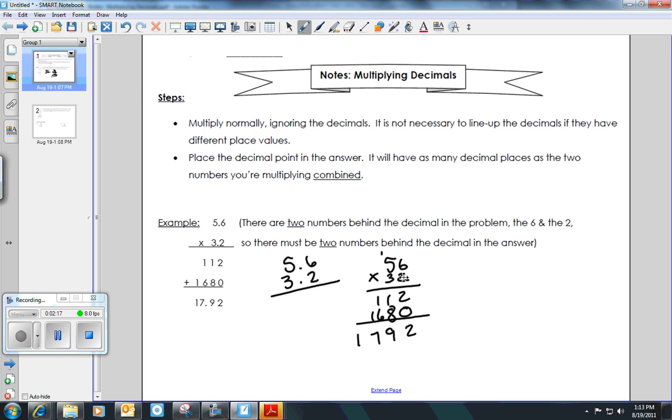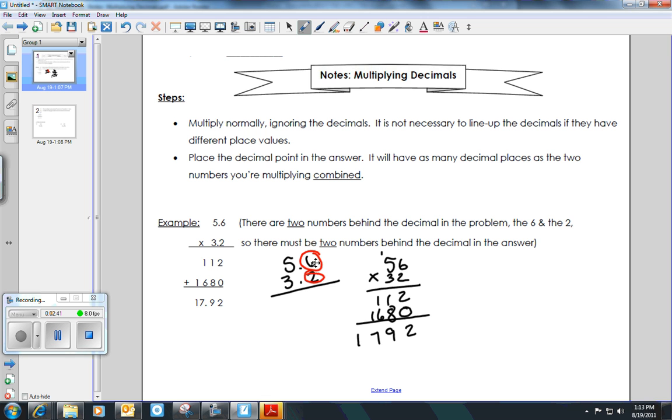Now, 56 times 32 is 1,792. But we weren't actually multiplying 56 times 32. We were multiplying 5 and 6/10 times 3 and 2/10. And in this problem, I have two numbers on the right side of the decimal. One here and one here. So that's a total of two numbers on the right side of the decimal.